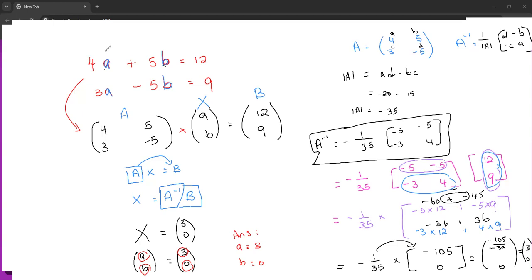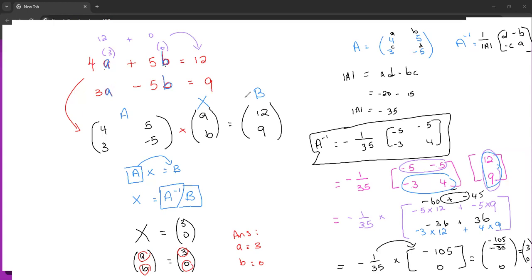So wherever I have A, I'll put 3, and wherever you have B, you could put 0. So 4 3s are 12, plus 5 times 0 is 0. 12 plus 0 is 12. So you know it worked out there. For the next one, 3 times 3, that's 9. 5 zeros are 0. 9 take away 0 is 9. So you know that your values are correct.